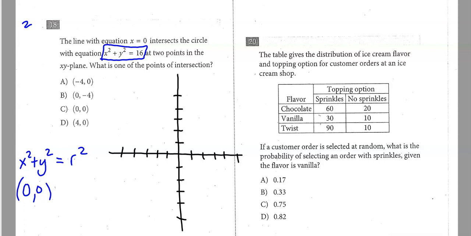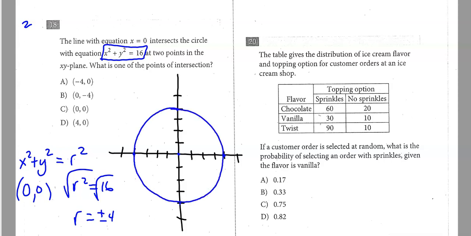So I have a center at 0, 0. If r squared is 16, then when I take the square root of both sides, r could be plus or minus 4. So the radius is going to go all the way out to 4 in every direction. There's our circle.